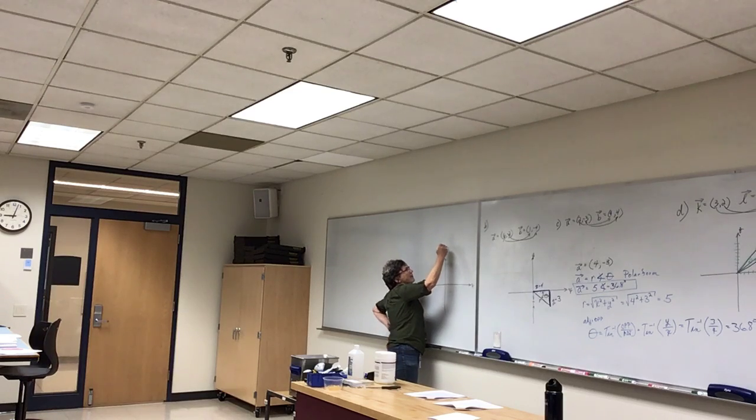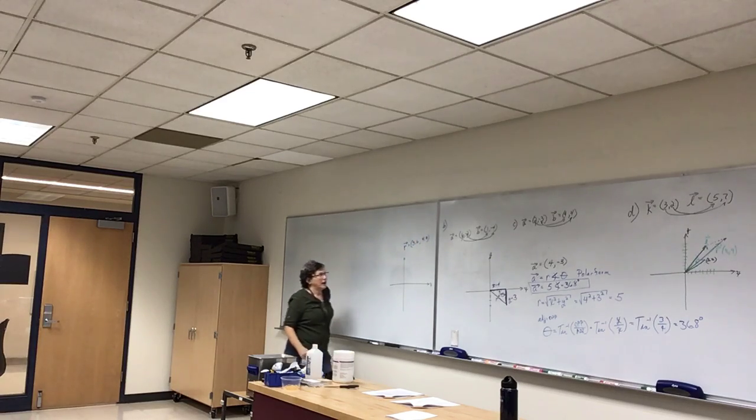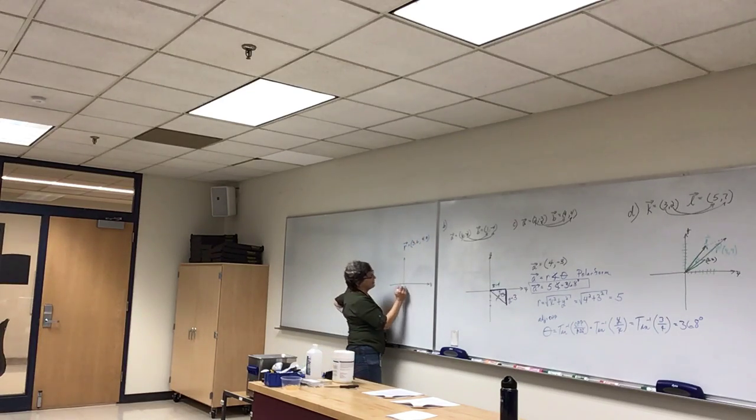So let's say we have phasor R equals 3.6 and 4.9. Okay, so I'm going to draw it. 1, 2, 3, 4. It's going to be in there. 1, 2, 3, 4, 5.